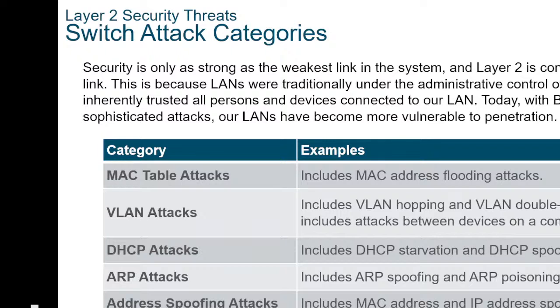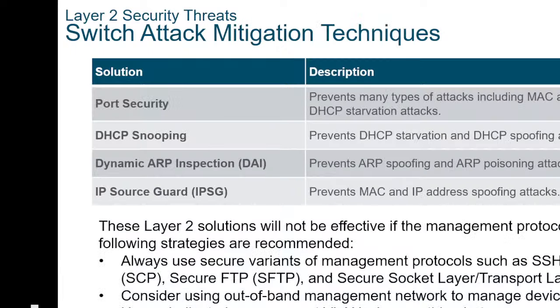A lot of times I have to have physical access to my network in order to do these things. I have to have a device that's plugged in, configured, and connected somehow to my network. That is why many of the mitigations that we'll see are done on the switch, right?